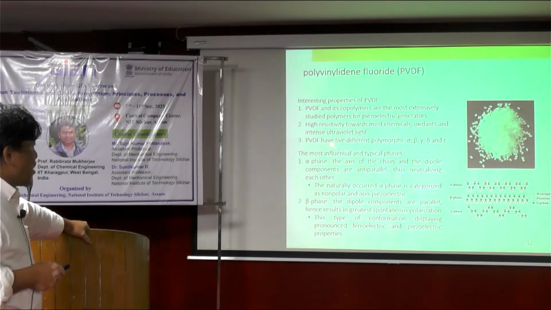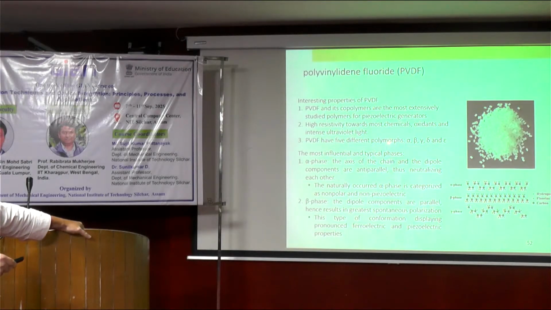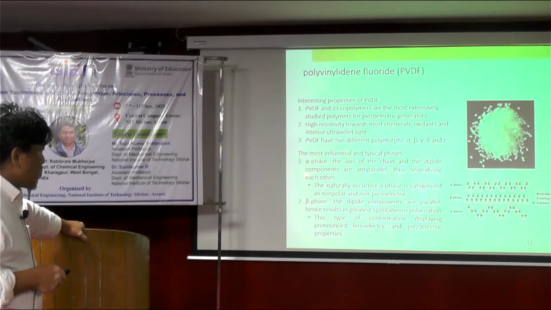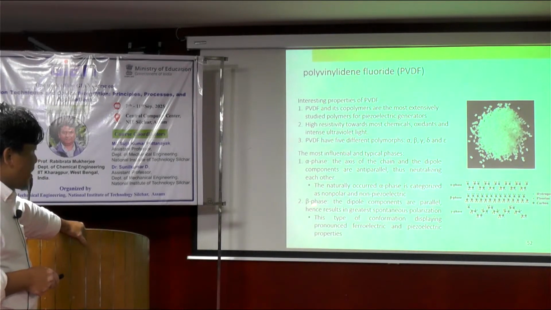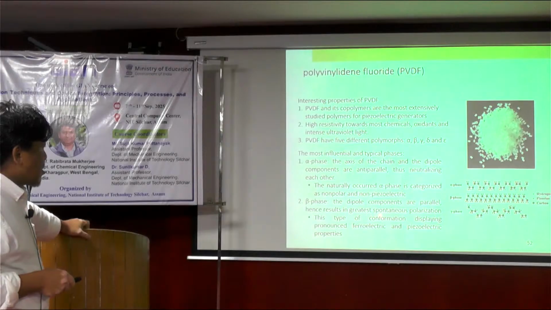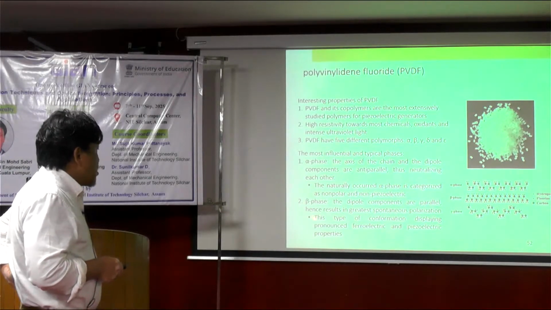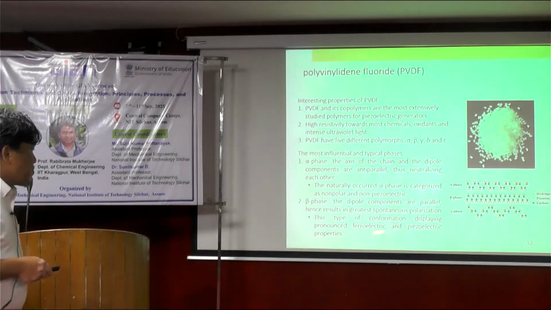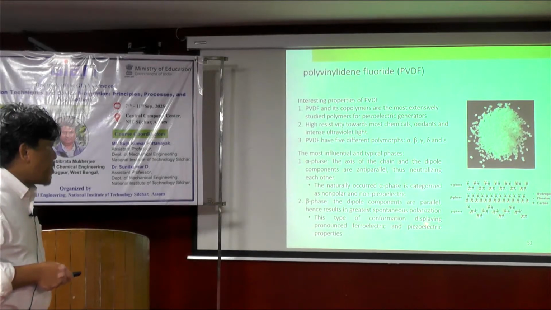PVDF has 5 different polymorphs: alpha, beta, gamma, delta, and epsilon. The most typical phase is the alpha phase, where the axis of the chain and the dipole components are anti-parallel, thus neutralizing each other. In the beta phase, the dipole components are parallel, hence resulting in greater spontaneous polarization. This type of conformation displays pronounced ferroelectric and piezoelectric properties.